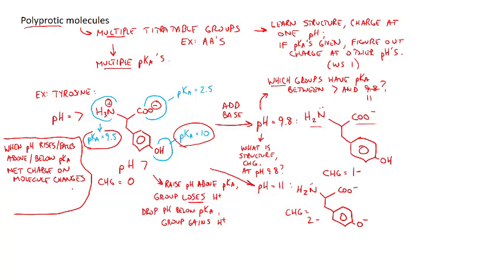As you go up in pH, the molecule becomes more negative or less positive. And as you go down in pH, your molecule becomes more positive or less negative. I refer you guys to the homework and the worksheets for practice problems related to this subject.